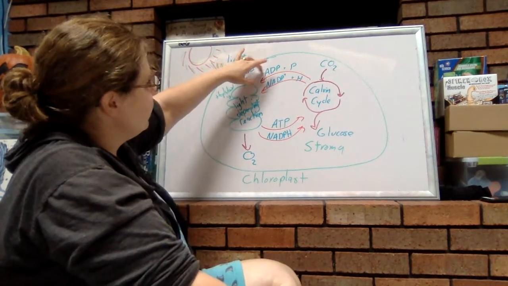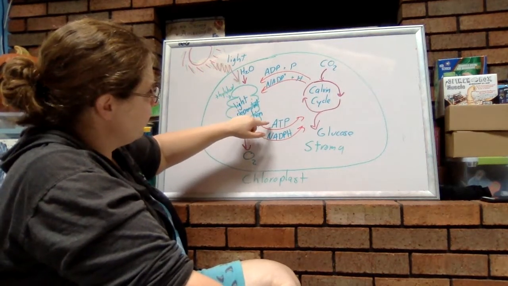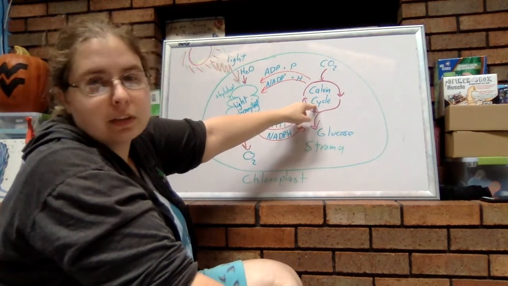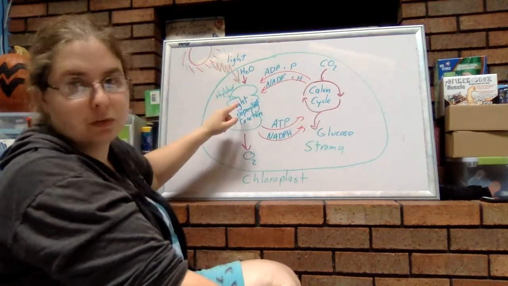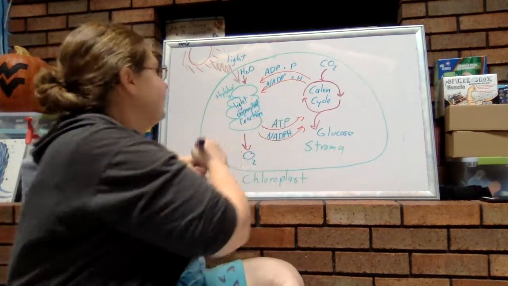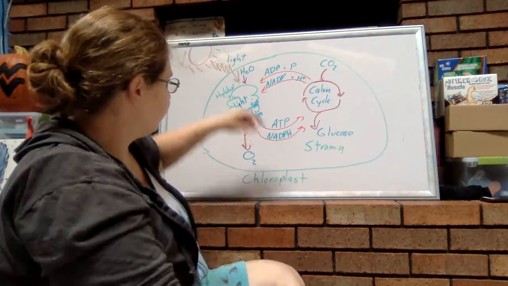The ADP and the phosphate go back here. They get charged again. They rebond. They form ATP, which goes back to the Calvin cycle, uses the energy, and goes back to get recharged. NADP plus and the hydrogen are at the thylakoid.